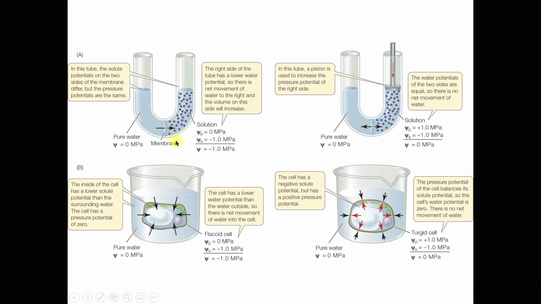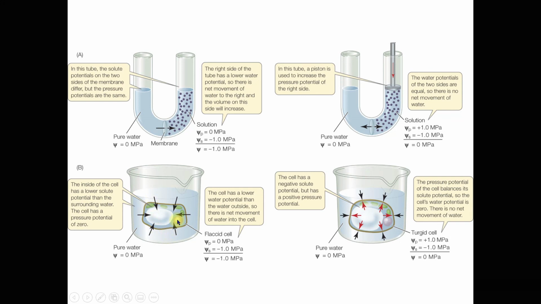So the water potential in this right arm will be negative 1 megapascal, and on the left side the water potential, since it has only water without any pressure, is 0. So the water will move, or diffuse, from the left arm to the right arm via osmosis. It is the same when there is pressure, so I won't discuss that.